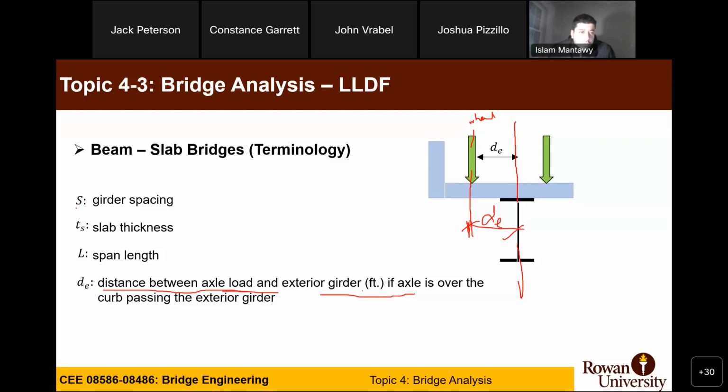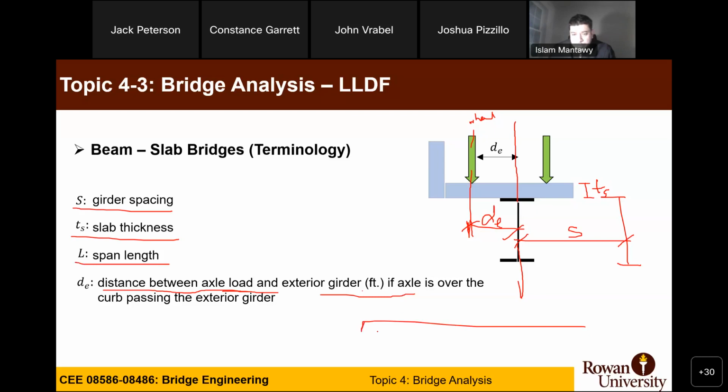And we also need to know parameters like girder spacing. You have a girder here and a girder there, so this is the spacing. We also need to know the slab thickness, which we always know, which is ts. And the span length. If you have a bridge with a span length, you have L. So all the parameters we need to know: Kg, we get it from the previous slide.